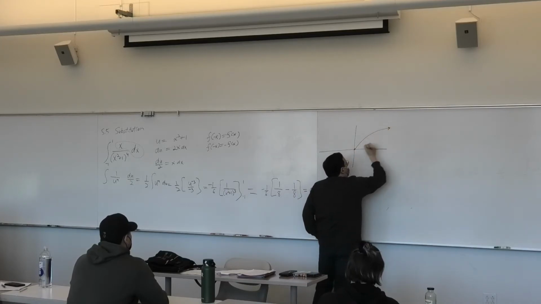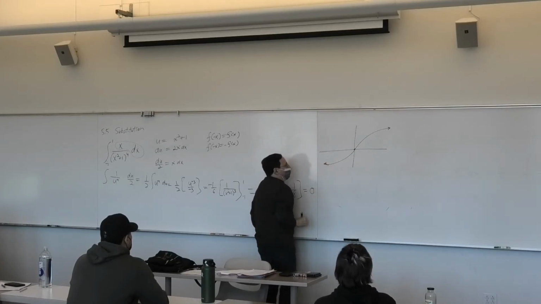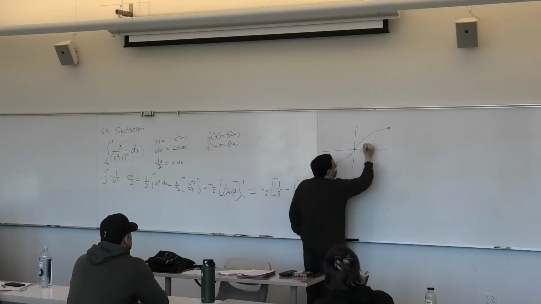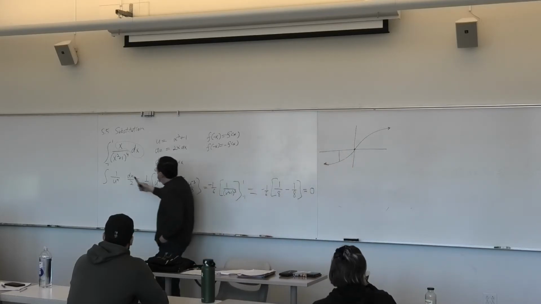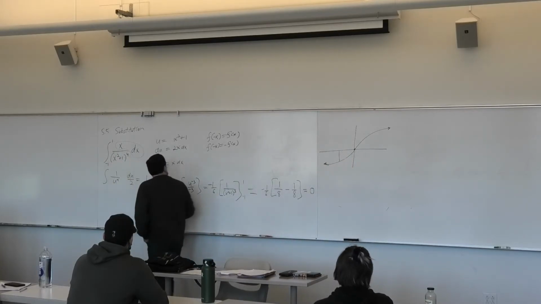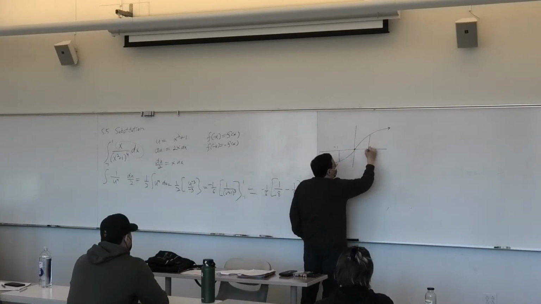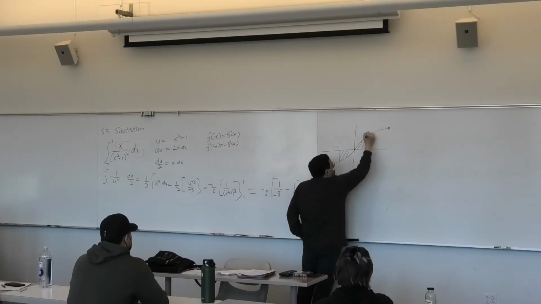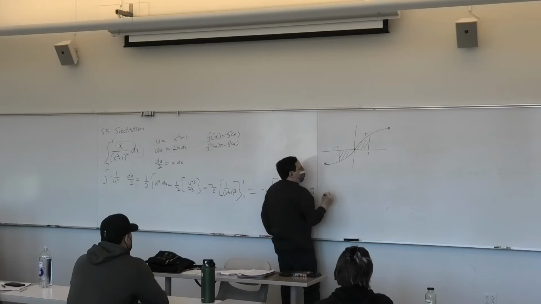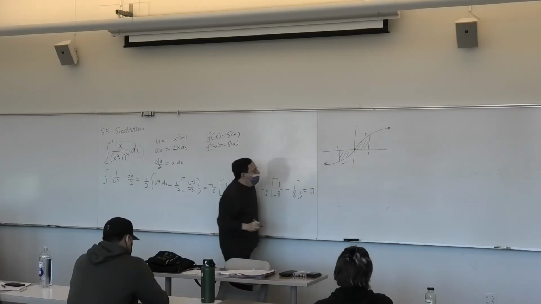So if we have a limb like this, and if we happen to have limits that are opposite, then the positive area is going to match the negative area, and you're going to get 0.